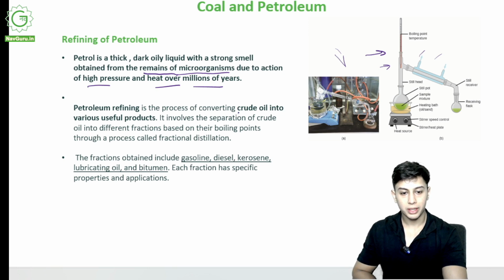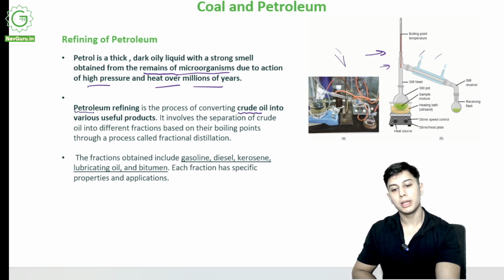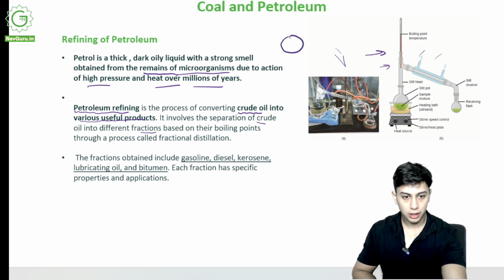So from that raw oil we separate petrol through petroleum refining, and we obtain various useful products. It involves separation of crude oil into various fractions. Suppose this was crude oil. I separate some part of it over here, some part over here. How does this happen?